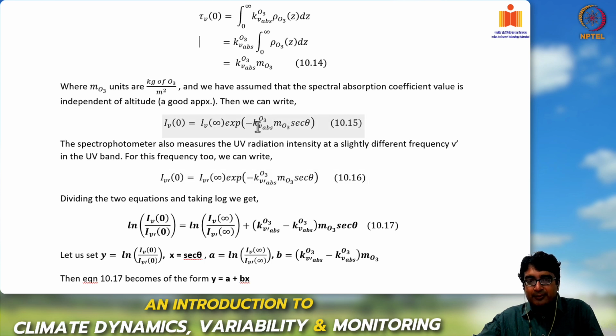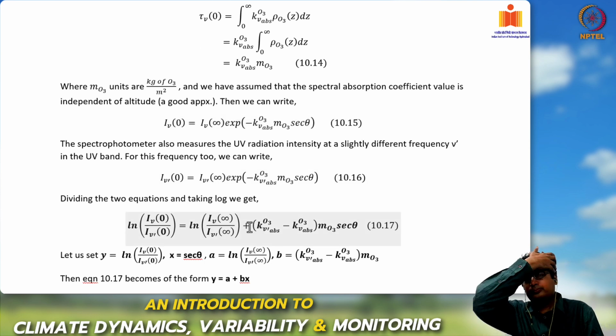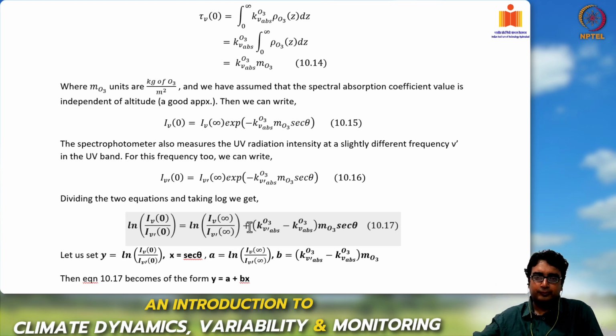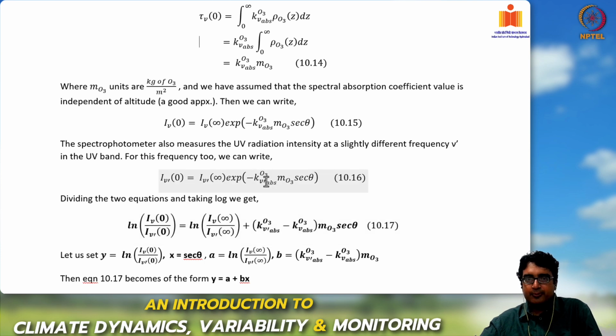So this then becomes a multiplication, right? So this becomes K nu prime absorption ozone minus K nu absorption ozone into MO3 sec theta. Because this is minus, this minus comes through division, this becomes positive. So this becomes K nu prime absorption ozone MO3 sec theta.